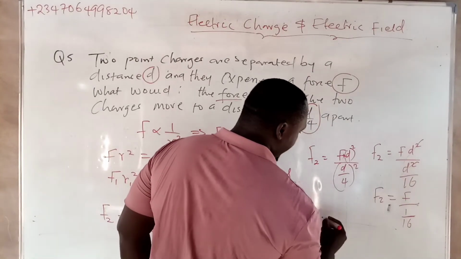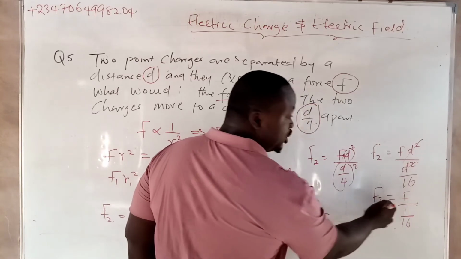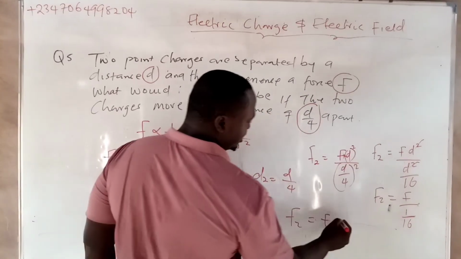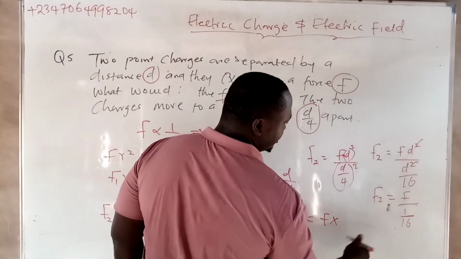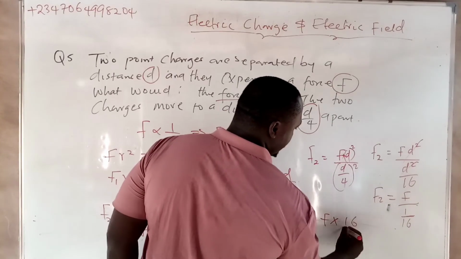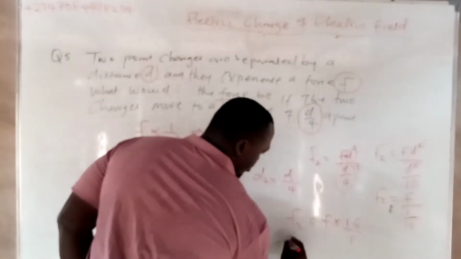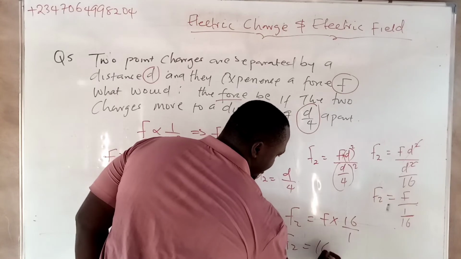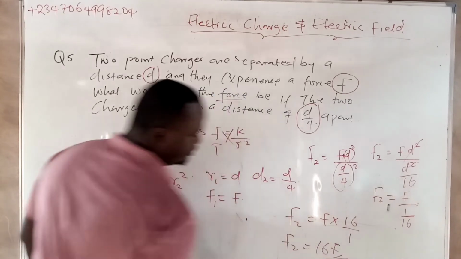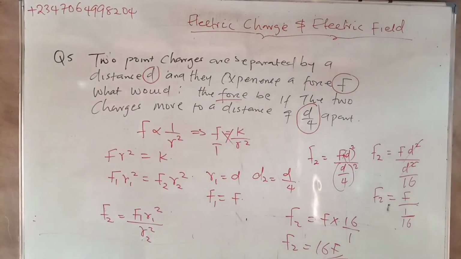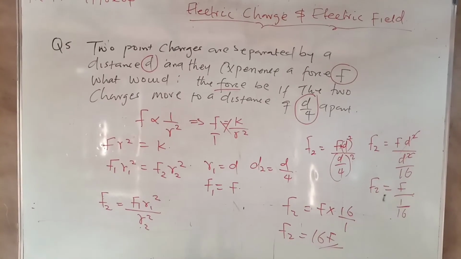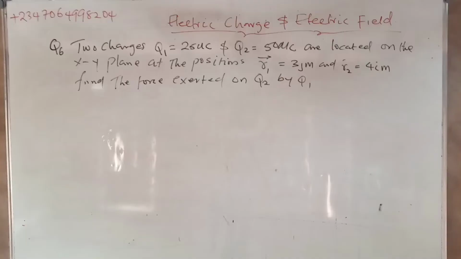So F2 is you keep F, you change division to multiplication, which is times, and then you flip this. And once you flip it, it will be 16 all over 1. So your F2 is 16F. That is the answer. So the first we have there is 16F. Remember I said I use the principle of keep, change, flip.